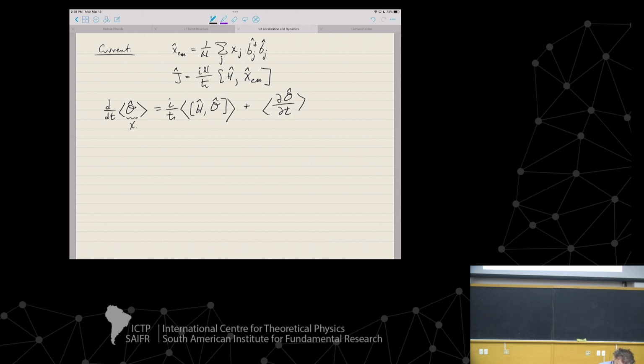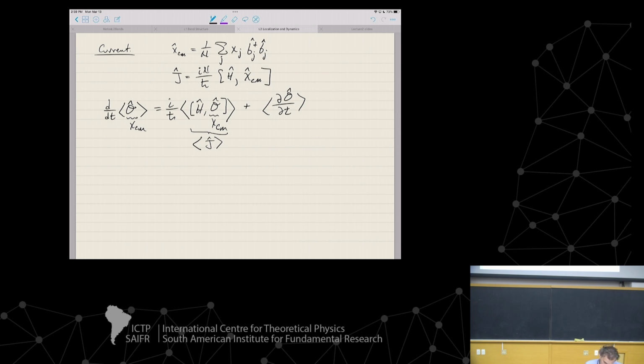If this is x_cm and this is x_cm, then you see that this whole thing here is the expectation value of the current operator, as I've defined it, modulo factors of N, which we'll deal with in a moment. So as defined like this, the current operator is the thing which pushes around the average position of particles in the lattice.